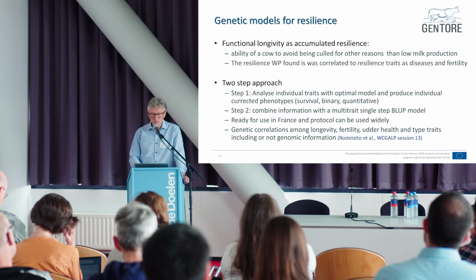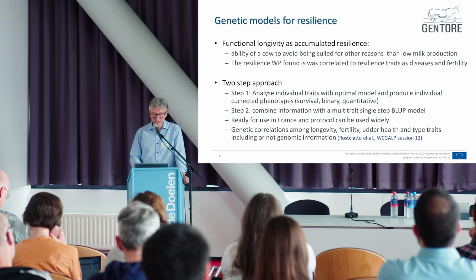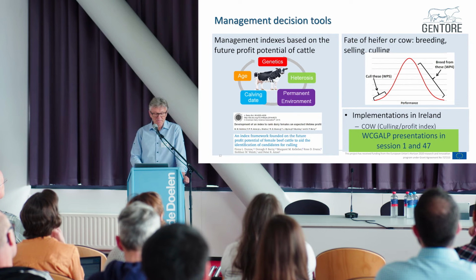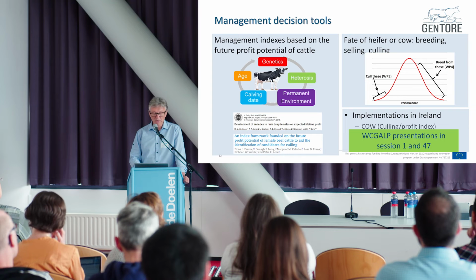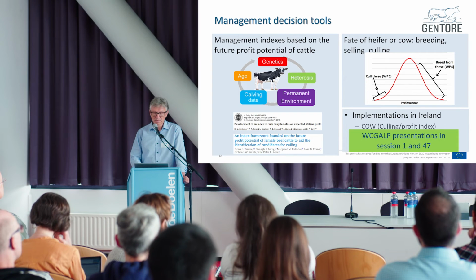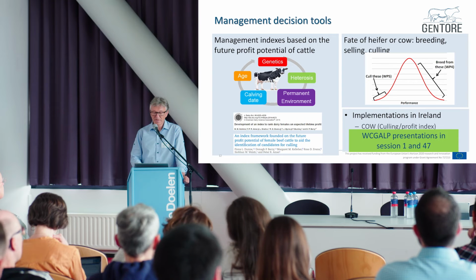And this is also presented in the World Congress here in session 2013. Management tools. Donna is not here, but the thing is to look now not only at the genetics but at all the information you have on the cows, and basically give tools to decide the fate of the cow.